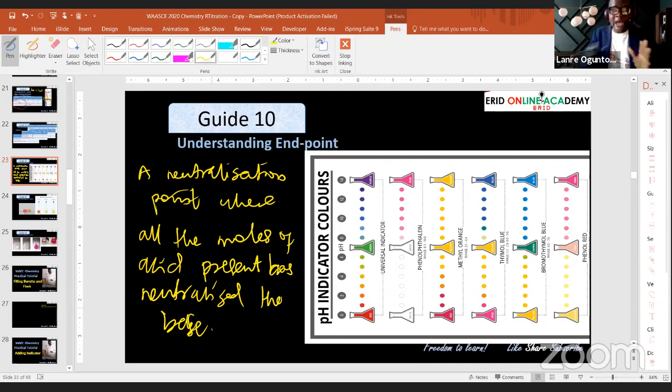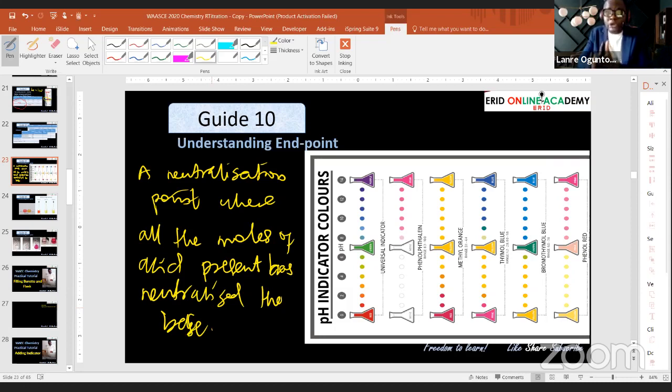Endpoint is usually different from equivalence point. They normally ask in WAEC for you to differentiate that. What's the difference between endpoint and equivalence point? I said endpoint is the point you get practically when all the acid has neutralized the base. But your equivalence point is calculated. You do it theoretically based on the equation of reaction.